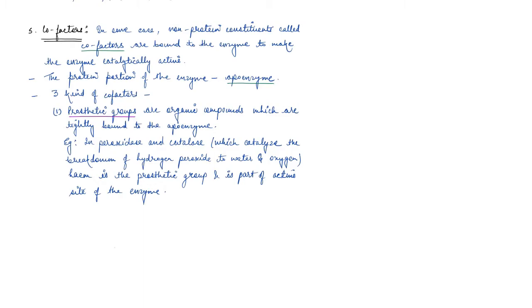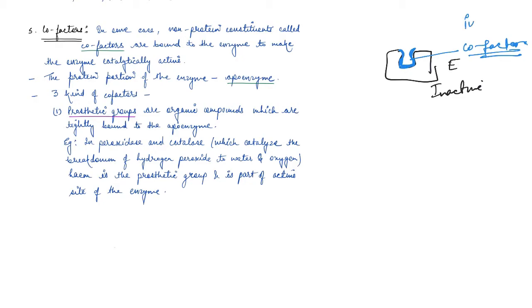So say we have an enzyme, right? So this is an enzyme. Now this is inactive, but they have, say, a factor, right? So they have a non-protein, non-polypeptide cofactor, and because of this cofactor, the enzyme becomes active, right?